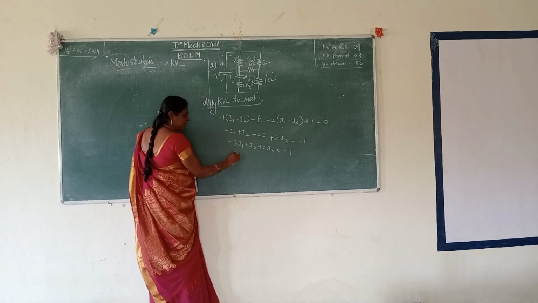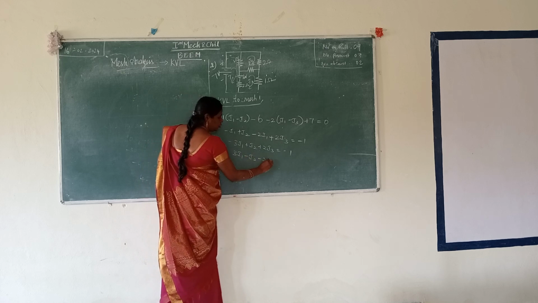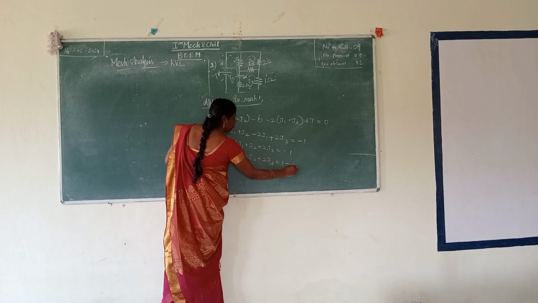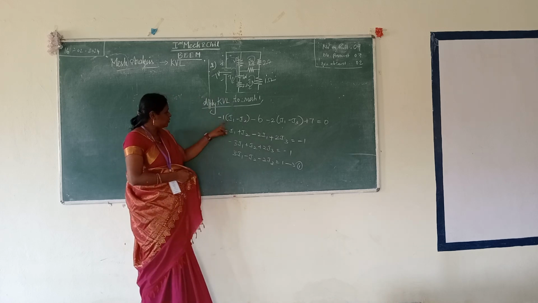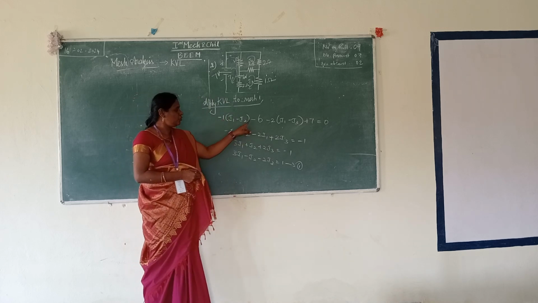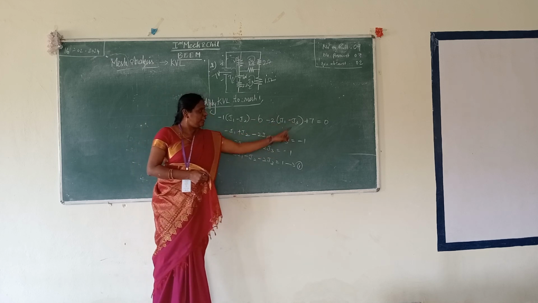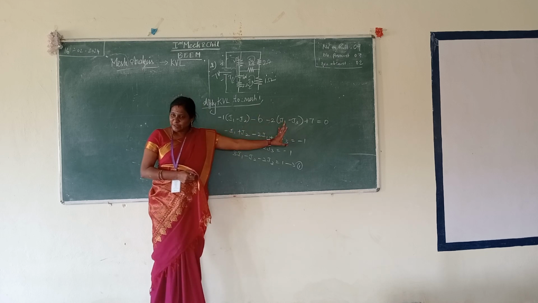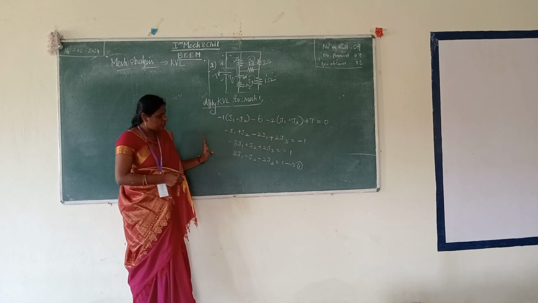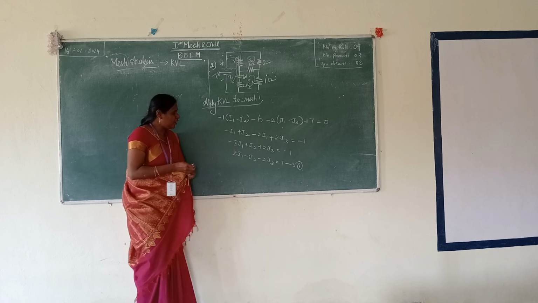If I multiply by minus, it becomes 3I1 minus I2 minus 2I3 is equal to 1. Is that clear? Okay, great.